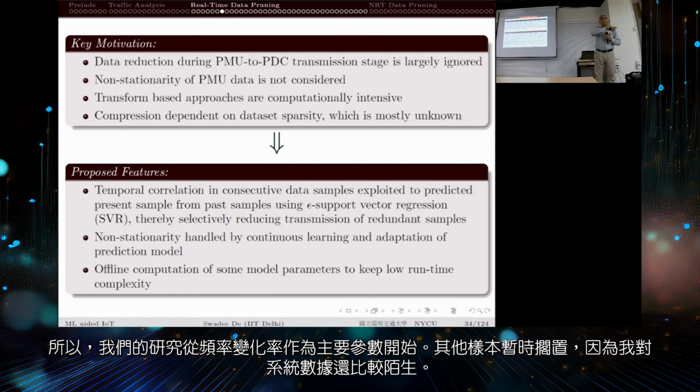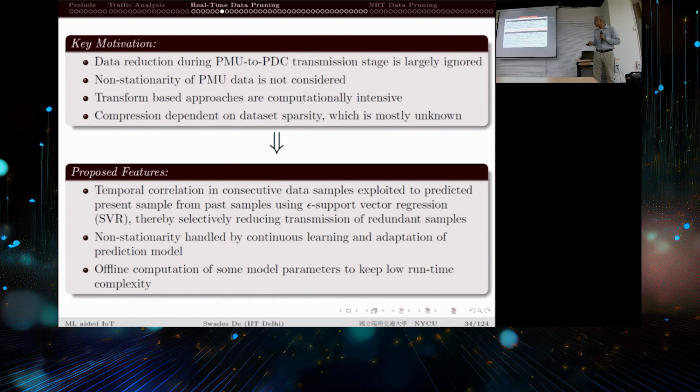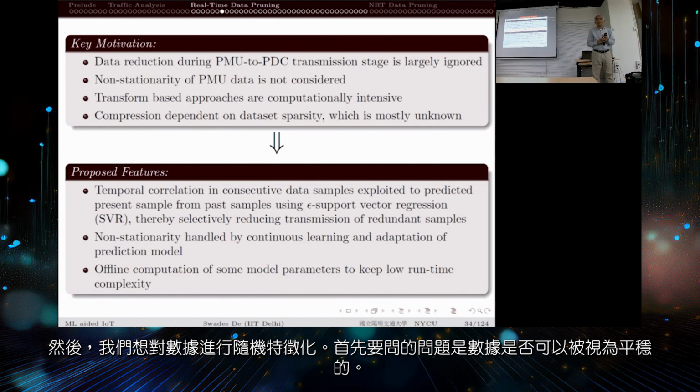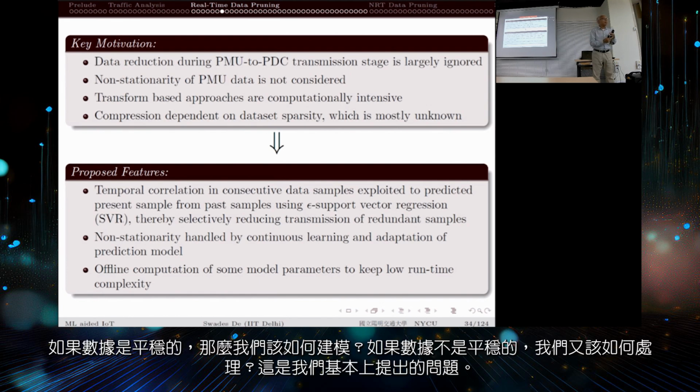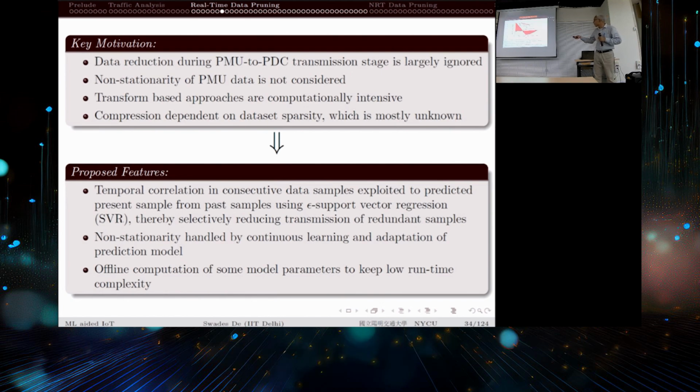All other samples we kept aside for the time being, because I was new to power system data, and we wanted to do stochastic characterization of the data. The first question was whether the data is stationary. If it is, how do I model it, and if it is not, how do I deal with it? That was the basic question we were asking.